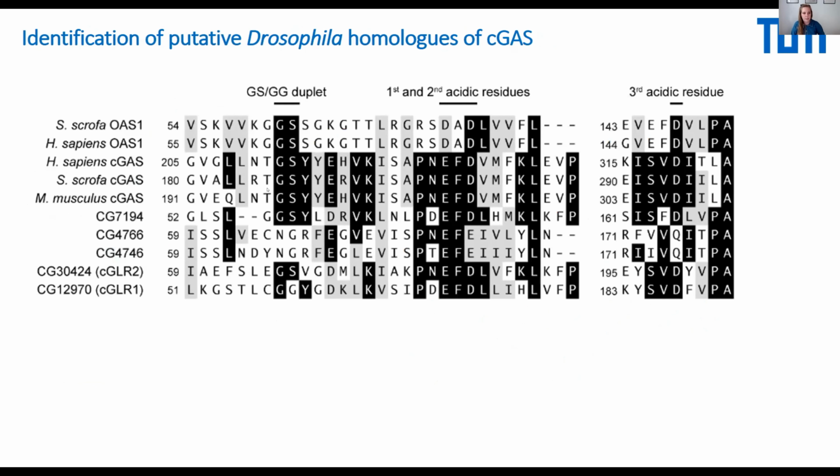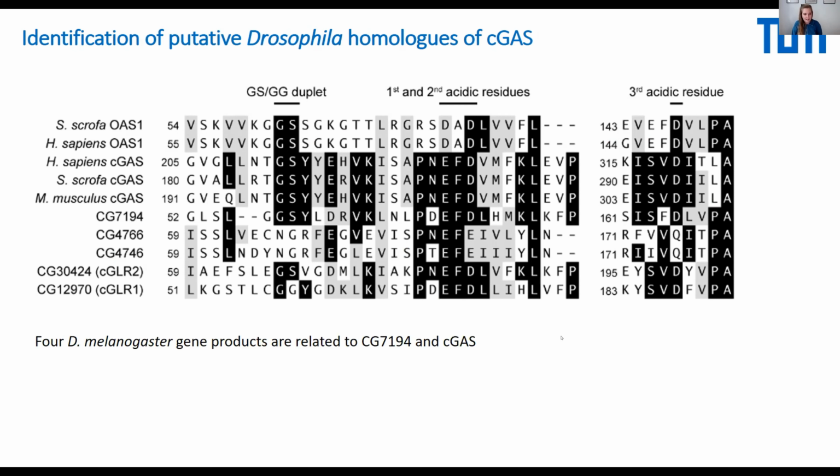So you have the different mammalian cGAS enzymes, and then different genes from Drosophila. The CG7194 is a known homologue of cGAS, but the problem with this known homologue is that it has no enzymatic activity and no protection against viruses.